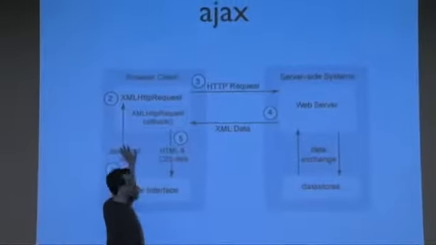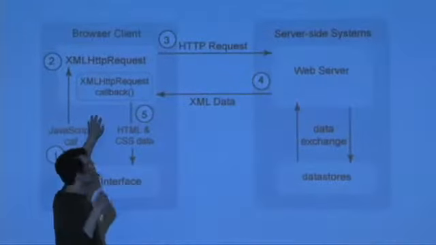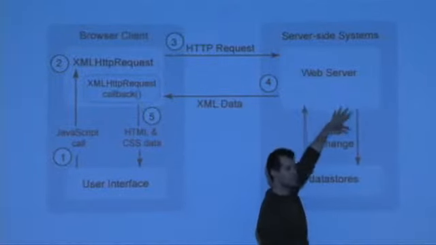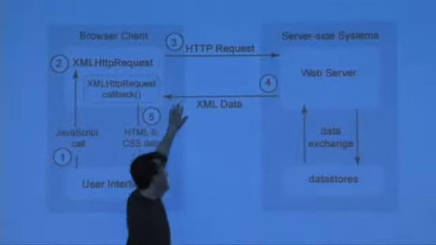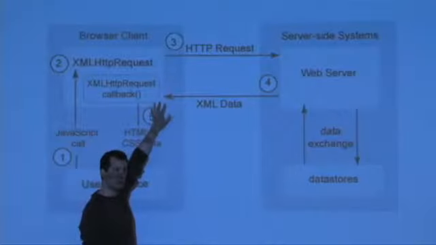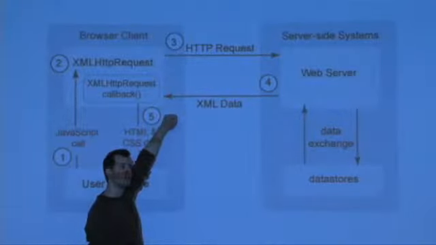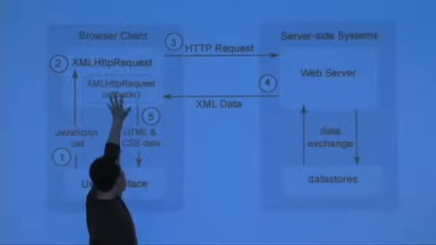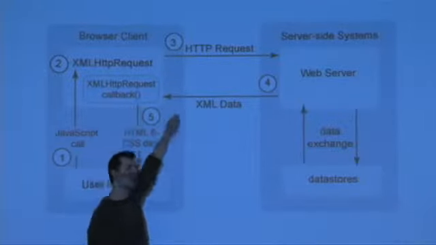The JavaScript function configures it with the URL that it wants to fetch data from. The HTTP request goes to the web server. The web server does its thing, responds here with, back in the day at least, XML data, which is like HTML, but you get to invent your own tags and attributes. It then goes back to what's called a callback function.